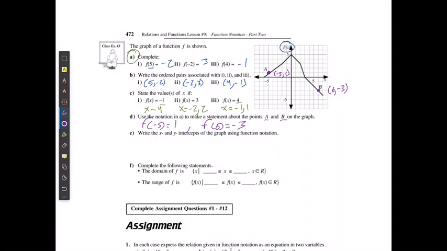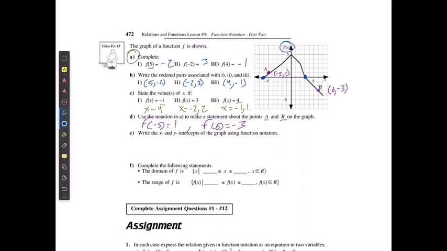If I'm writing the x and the y intercepts, well, we can see that the x-intercepts happen twice. Once right here, and once over here.